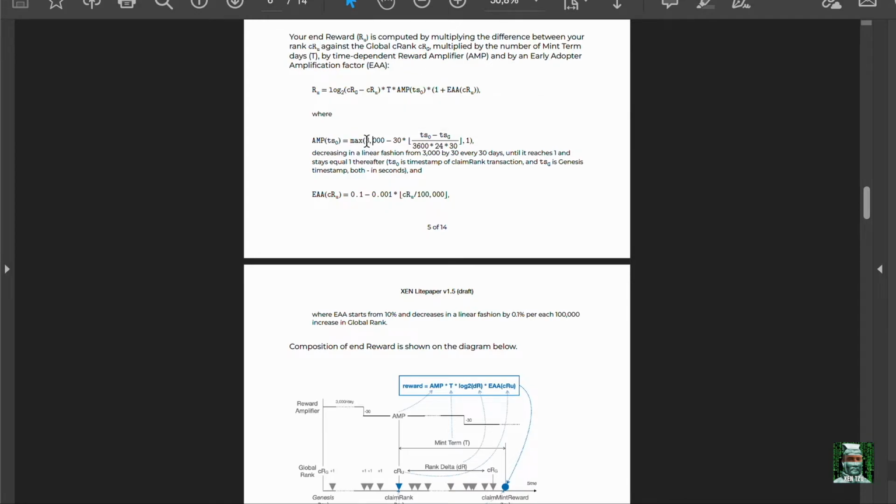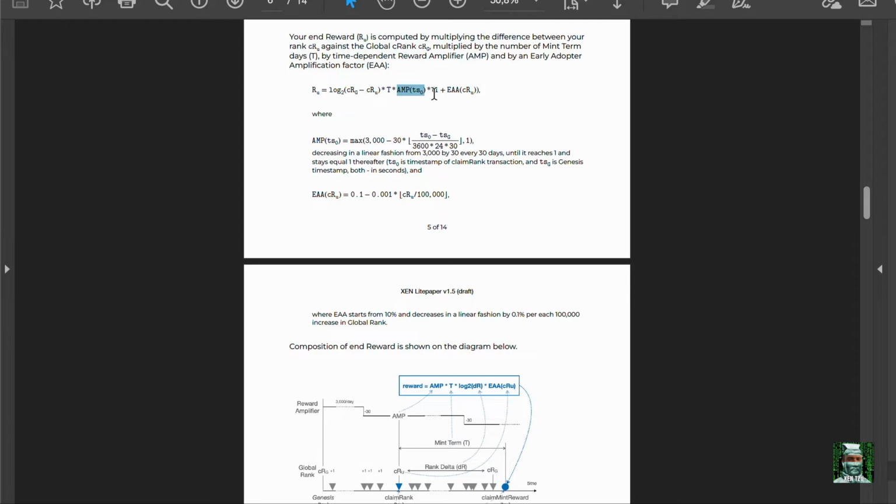You're gonna tell your friends, hey, if you're interested in this, then you probably should interact with the protocol this month and not wait for next month, because the AMP effect is going to be 30 more this month than next month. All right. So again, this is something that incentivizes adoption.